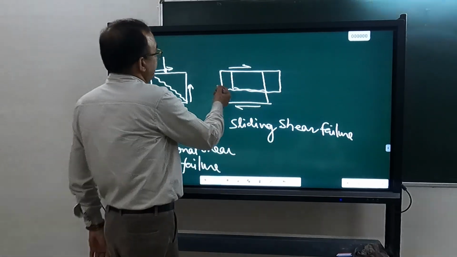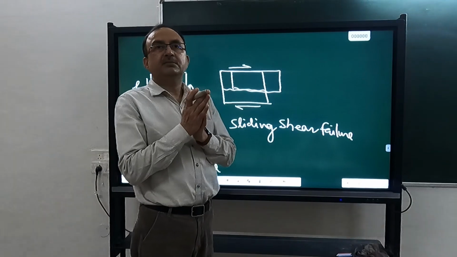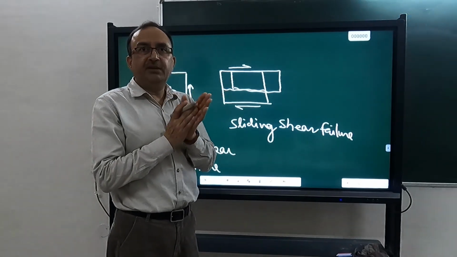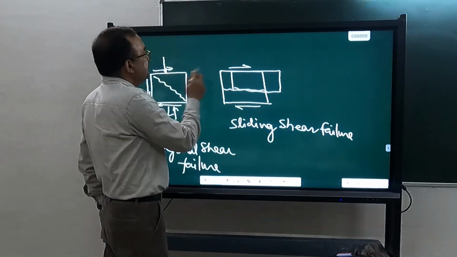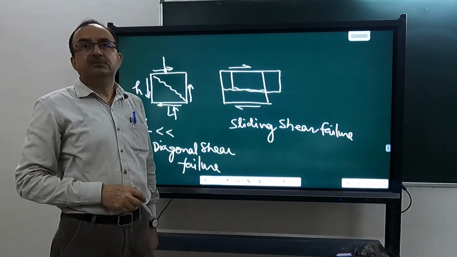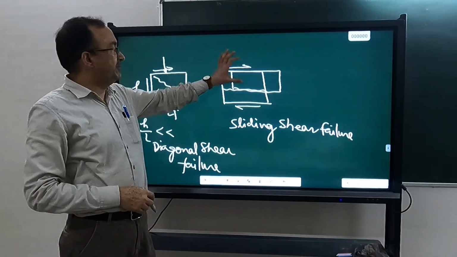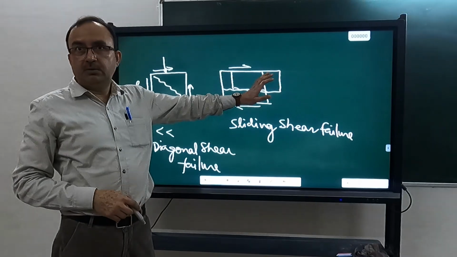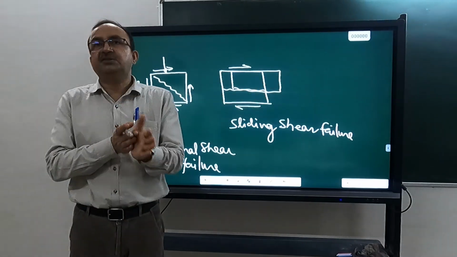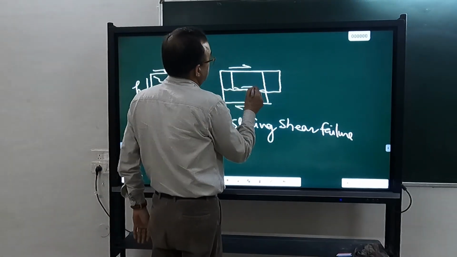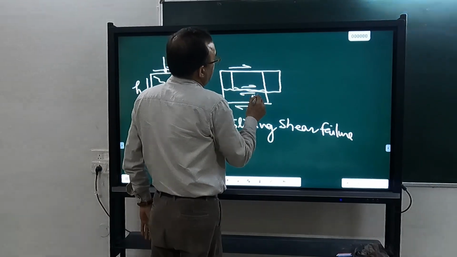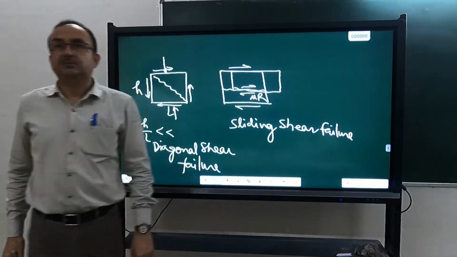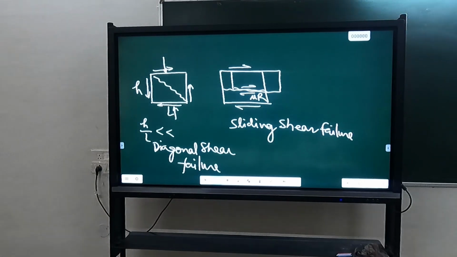See, here it is sliding friction coming into the picture. So when the sliding friction is low, I have intentionally not shown a vertical load here. So if the vertical load is small, okay, then the friction resistance, because the resistance here is equal to mu R. So if the vertical load is less, then sliding shear failure can happen.